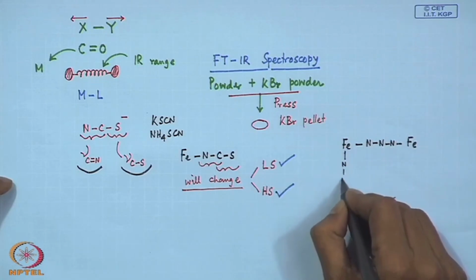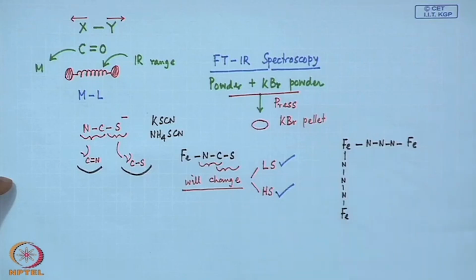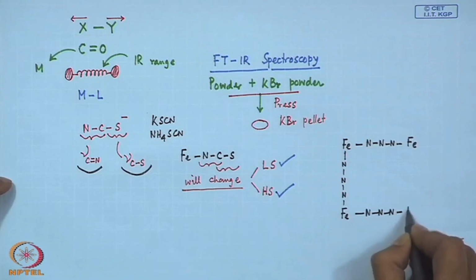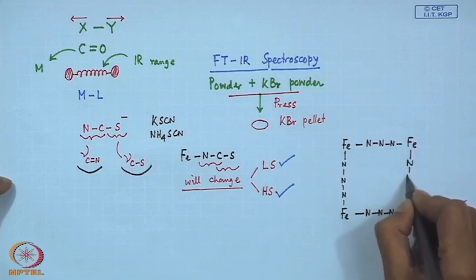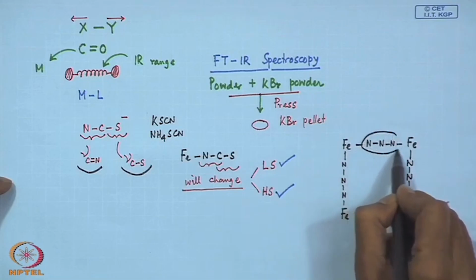Similarly, on the other axis, if we can have the second iron, and on the other corner we have the fourth iron. So, this will also be connected by another azide group.